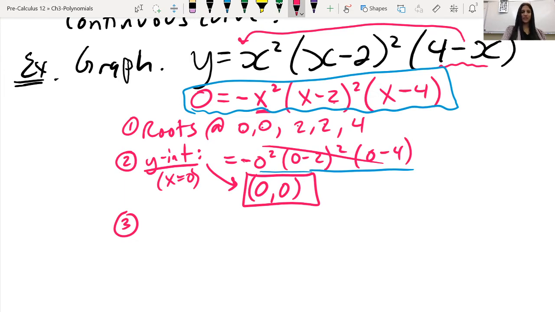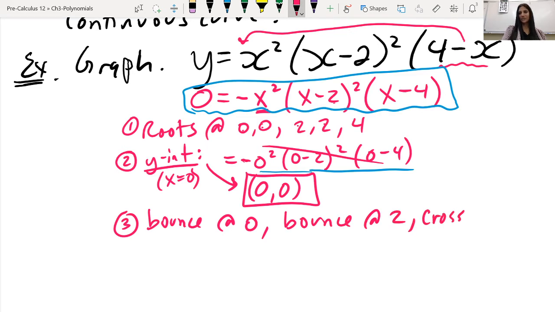Looking at the multiplicity, we know we have a bounce at 0. And we have a bounce at 2, and we have a cross at 4. I am laying this out one by one, step by step, because there's a lot of things to keep track of.